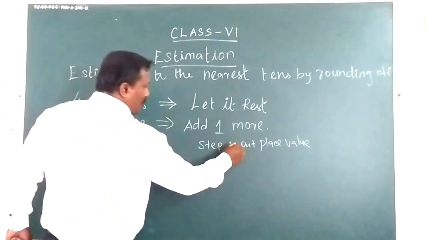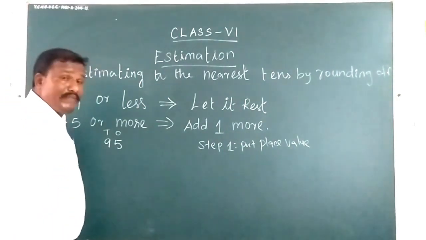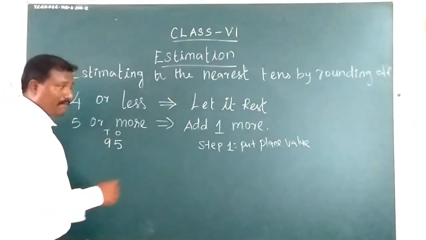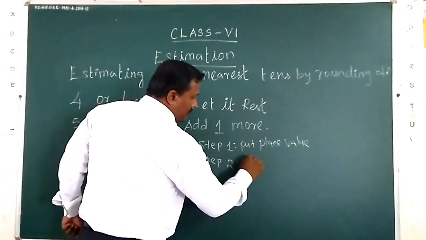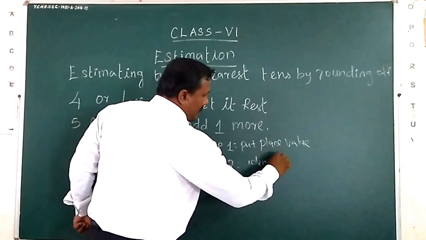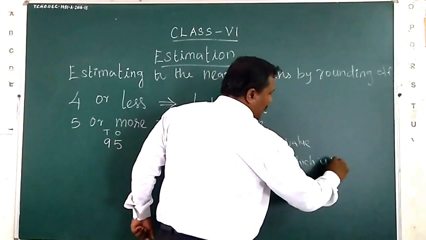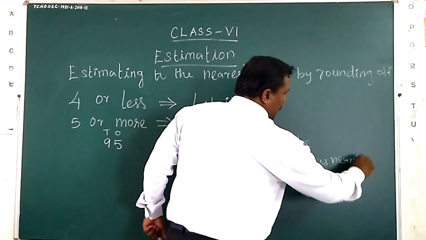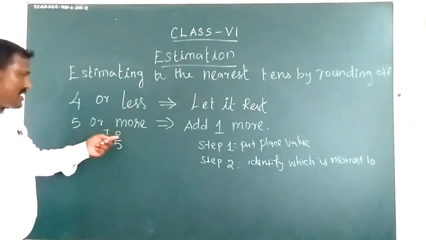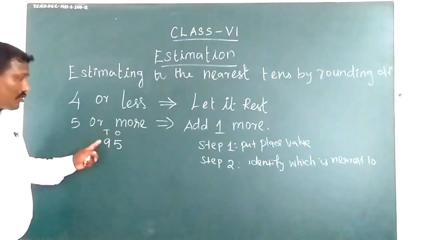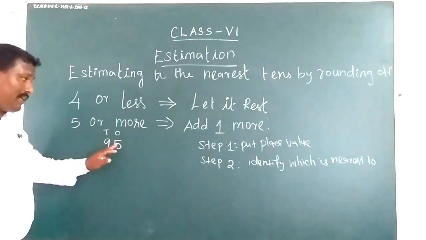Step 2, identify which digit is in the nearest 10 place. As per the place value, ones, tens, this is the tens place. In this number, the nearest 10 digit is 9.